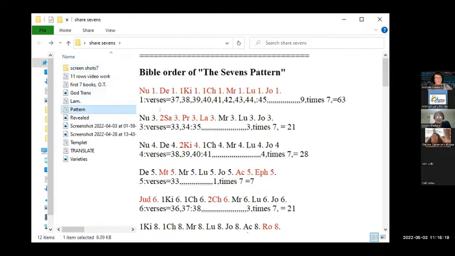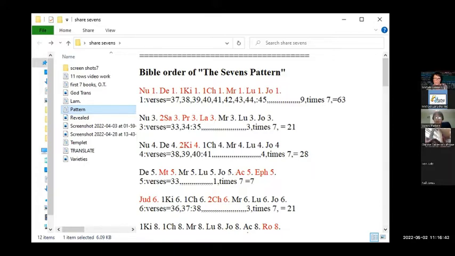When you add up all the pattern, if I go back here, we have a particular amount of books. We have nine books times 7 each book, so there's 63 verses within that first line. Adding up each one of them, and so on. As I did that, I finished the math and double checked it.